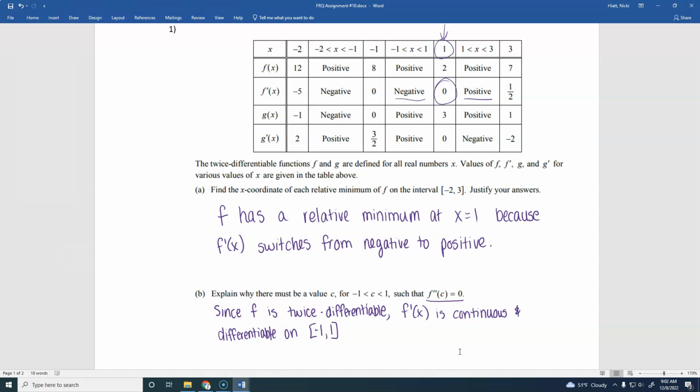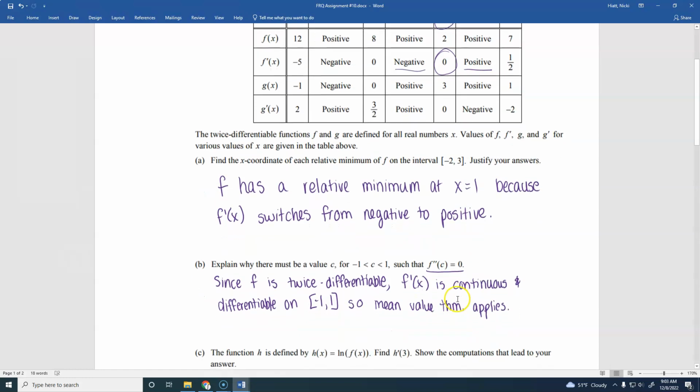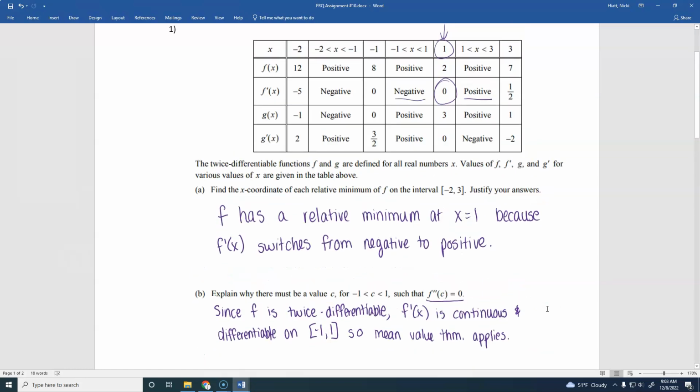I'm not sure how picky they are about stuff like that. But it would definitely be correct as we've written it here. So, mean value theorem applies. Since we're asked about the second derivative, we're using points from the first derivative, which would be -1, 0.